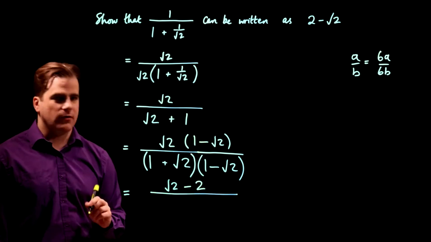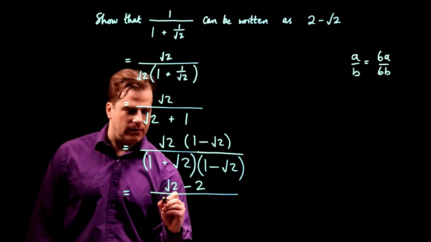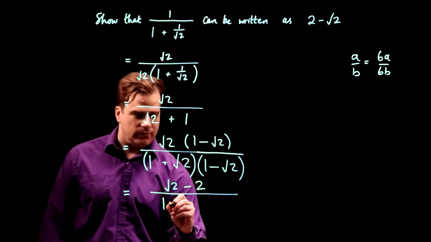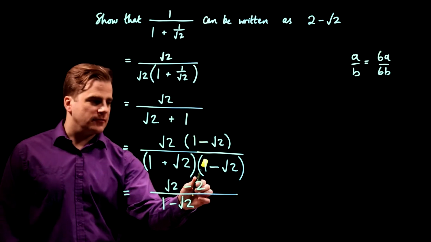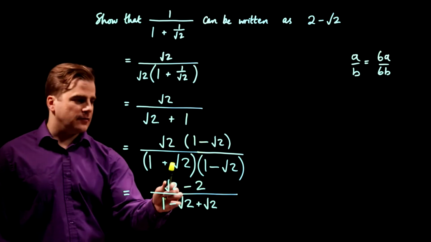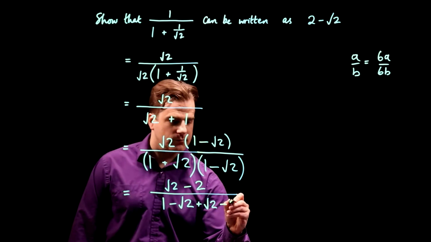Right, the bottom. 1 times 1 is 1. 1 times minus root 2 is minus root 2. Root 2 times 1 is root 2. And plus root 2 times minus root 2 is minus 2.